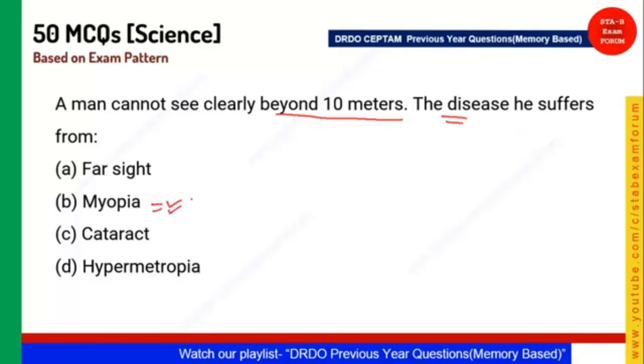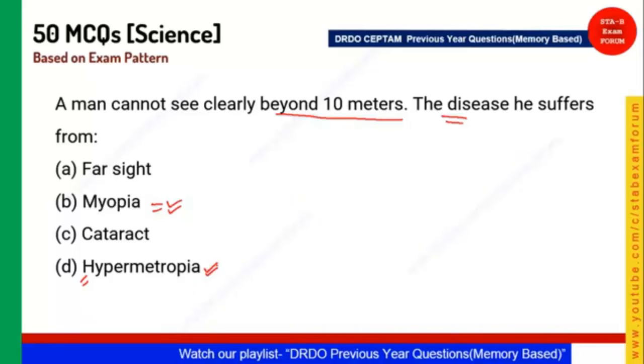This disease is called myopia, where you cannot see distant objects. Opposite to that is hypermetropia, the eye disease in which a person is not able to read nearby things. Mostly aged people are affected by hypermetropia.